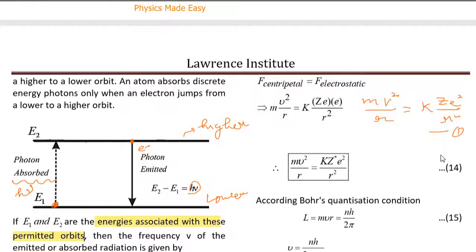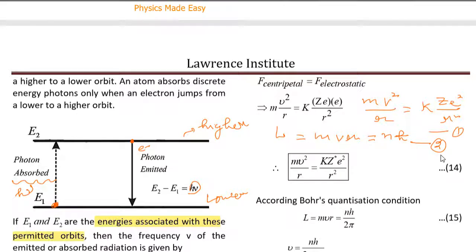On the same lines, we know that angular momentum is quantized, that is L is equal to m v r, and this is equal to n into h bar. This is equation number 2.